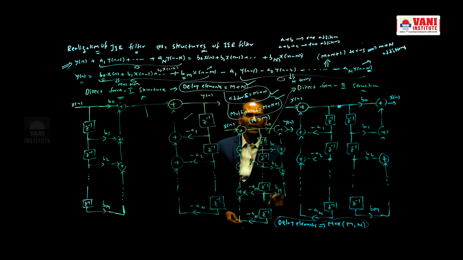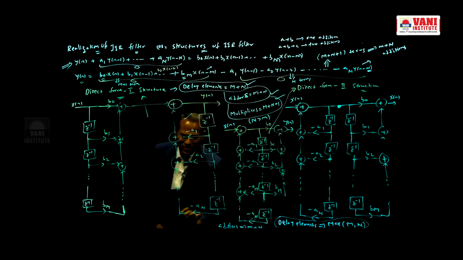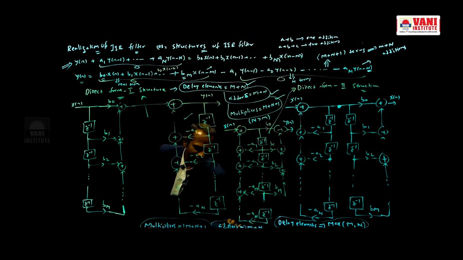Remaining are same, adders will be m plus n, multipliers will be m plus n plus 1. There is no change in adders and there is no change in multipliers. The only difference is in delay elements.